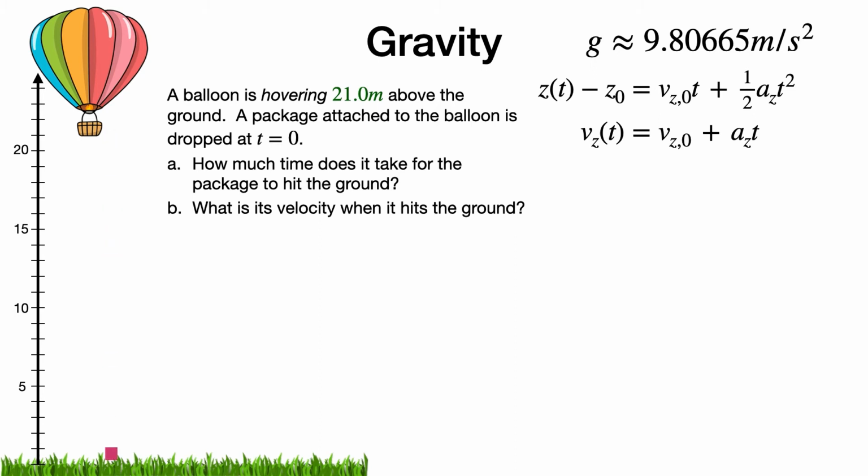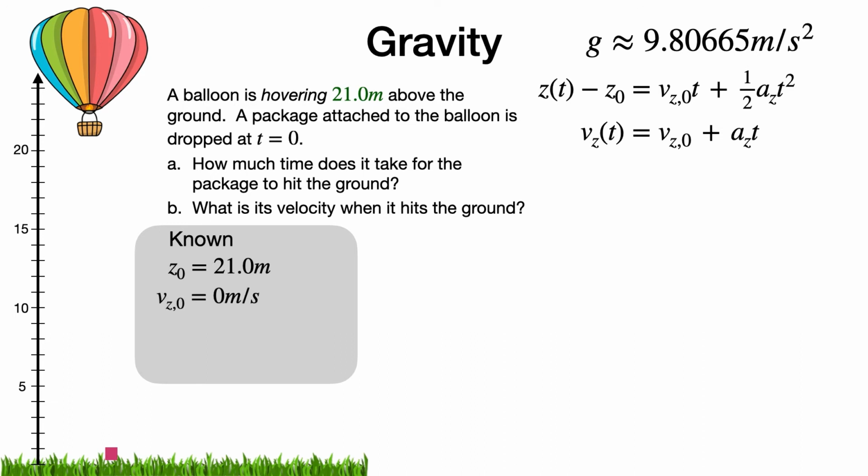Well, to solve this problem, we're going to be using the equations of motion for constant acceleration. First of all, what are the things that we know? Well, we know the initial position of the object which is going to fall. It's initially at 21 meters above the ground. Notice that we've set the origin of our coordinates at ground level, and we have coordinates increasing up.